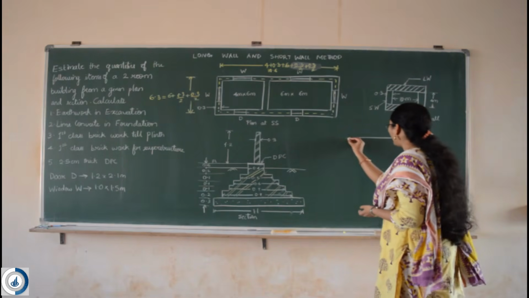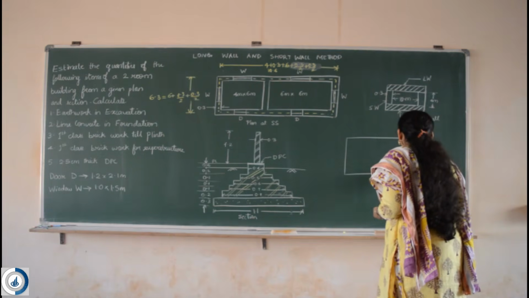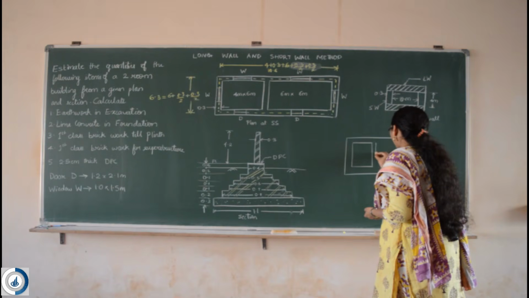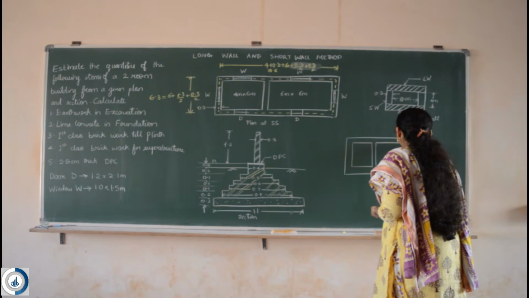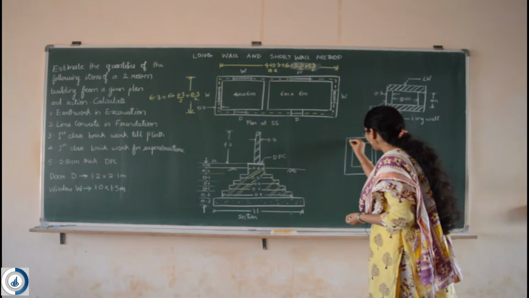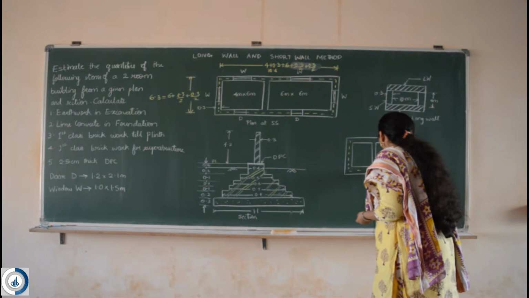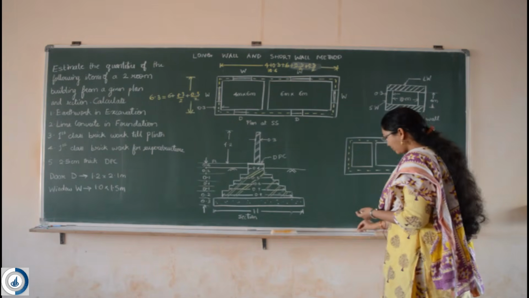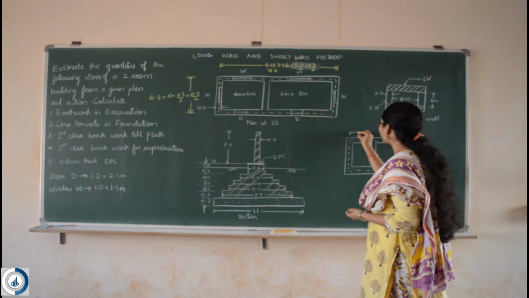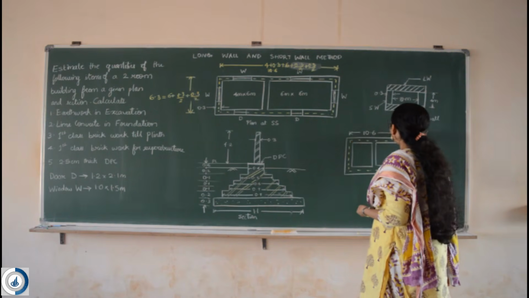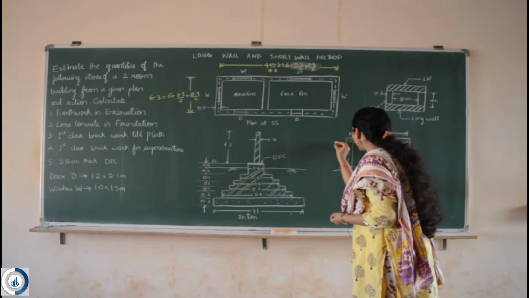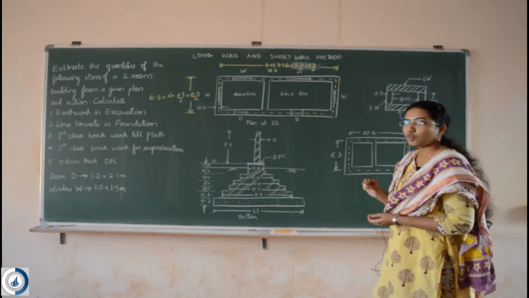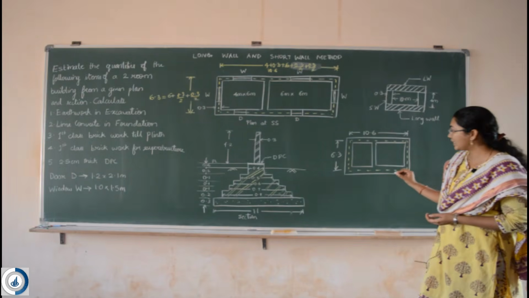The plan, if I draw it like this, so this center to center distance is 10.6 and this particular distance will be 6.3 meters. So we have got the short wall and long wall distance.